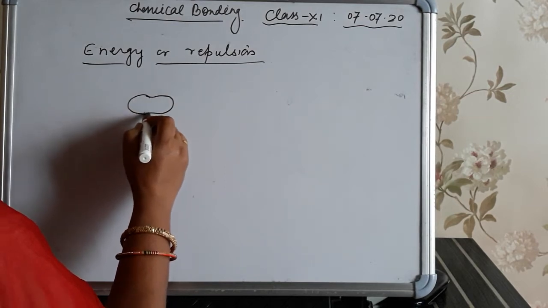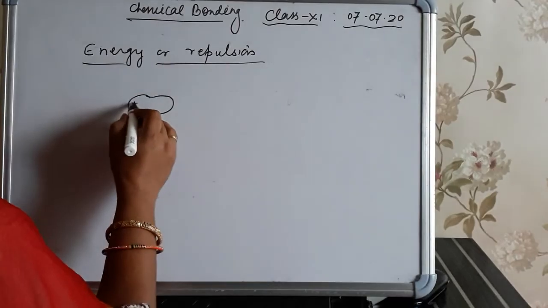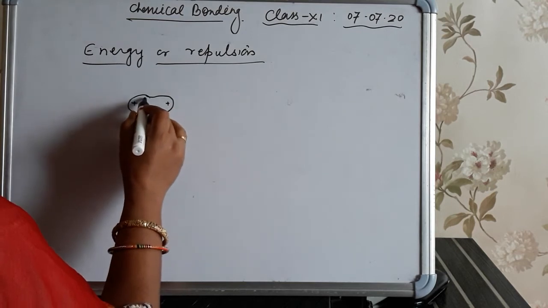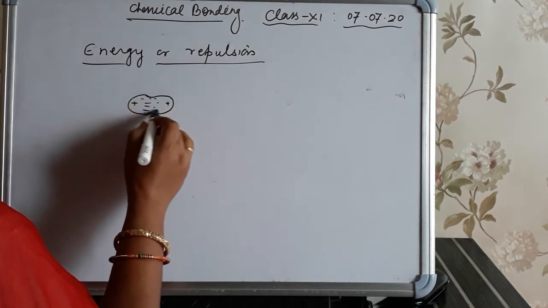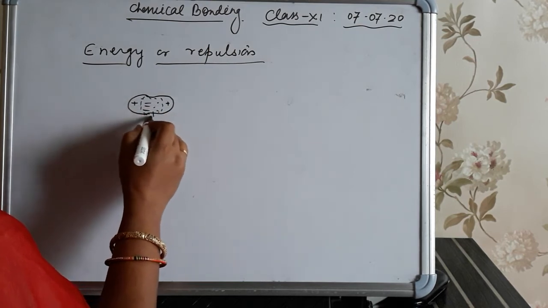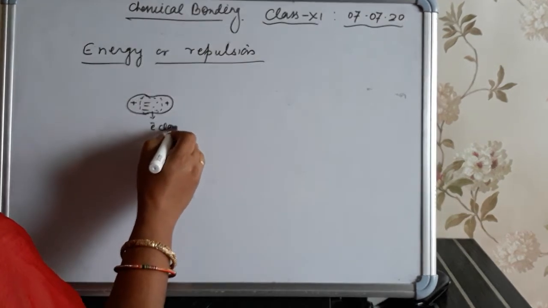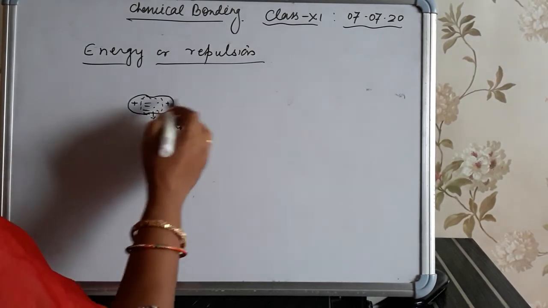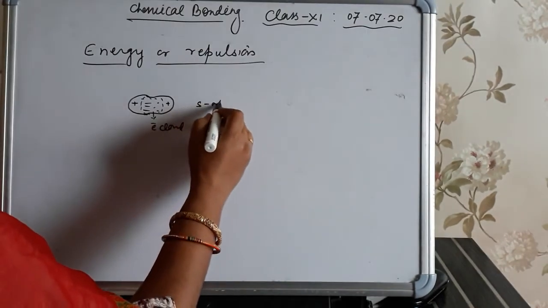So this type of orbital takes place. Here is the nucleus, and all the position is filled with electrons. This is the electron cloud, and this is the s orbital.